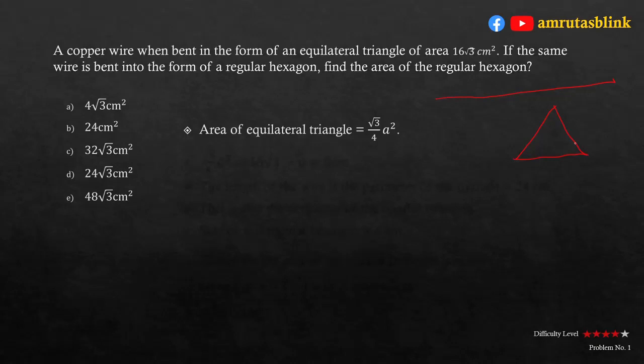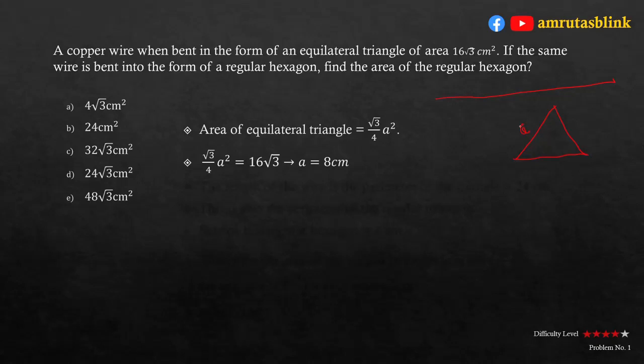So when the area of an equilateral triangle is given, we can find out the side of the equilateral triangle. Now we know the formula for the area of an equilateral triangle, that is √3/4 a square. This area is given as 16√3 square centimeter. So let's say the side of this equilateral triangle is a.